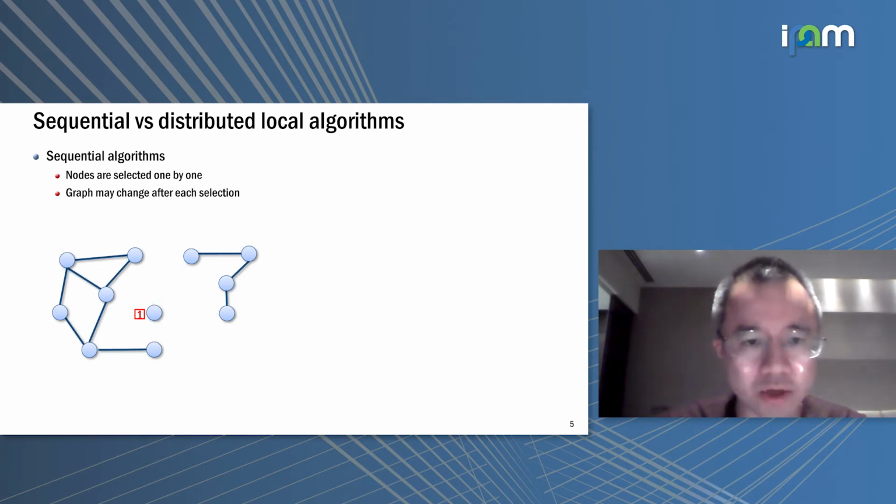Once you select it, you can remove the incident edges for this particular graph. And then you work with the remaining graph, select the second one and remove the incident edges until all the edges have been covered.